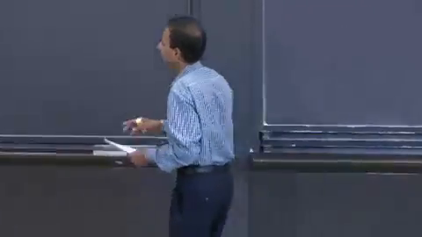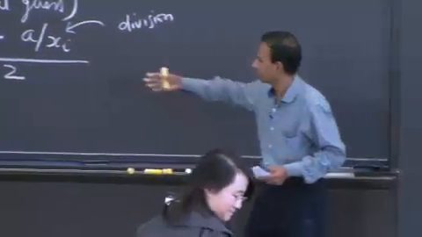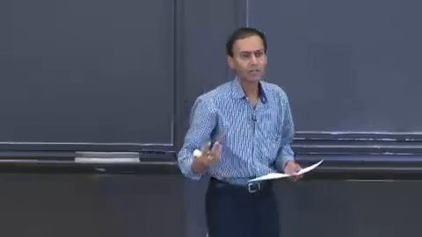convergence. So what I'd like to do now is take a look at this particular iterative computation where we are computing x_{i+1} given x_i and argue that this, in fact, has a quadratic rate of convergence.